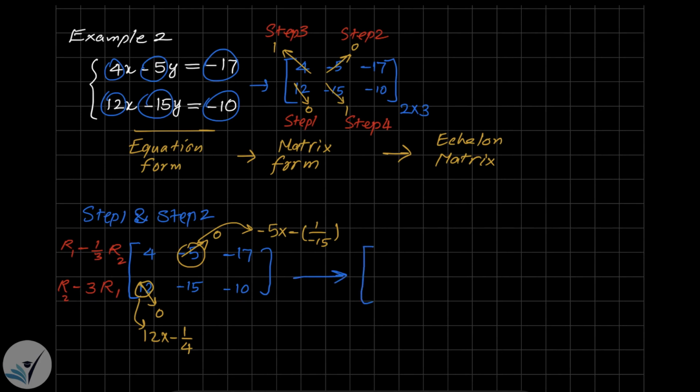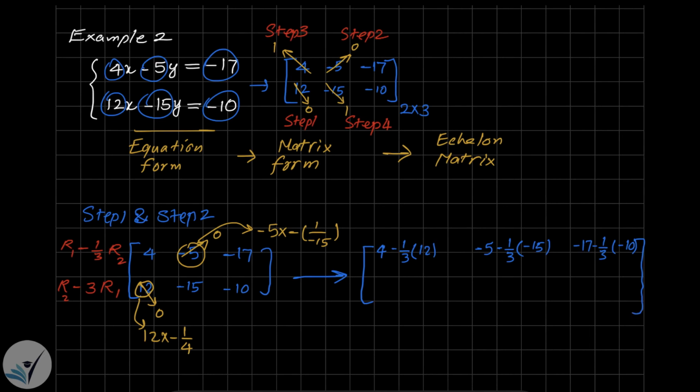On the first row, we have 4 minus 1/3 times 12, negative 5 minus 1/3 times negative 15, and negative 17 minus 1/3 times negative 10.